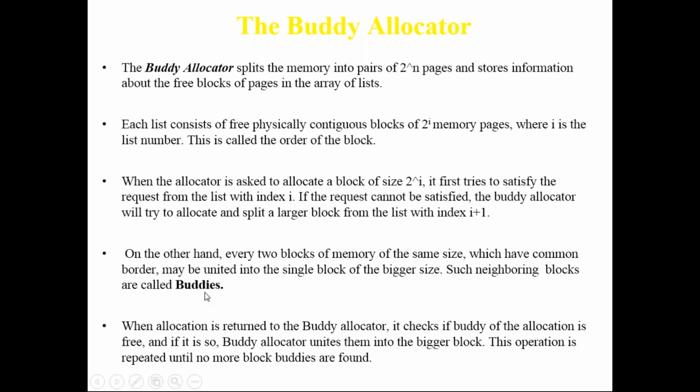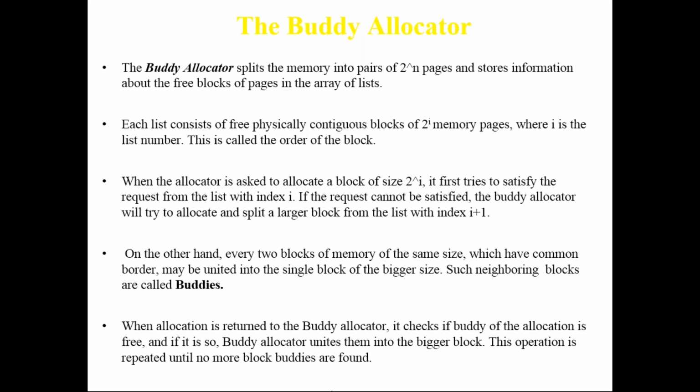That is why these neighboring blocks are called your buddies. Every two blocks of memory of the same size having a common border may be united into a single block of bigger size, and that is why they are called buddies. When an allocation is returned to the buddy allocator, it checks whether the buddy of the allocation is free or not, and if so, it unites them into a bigger block.